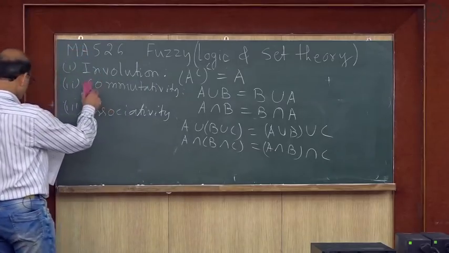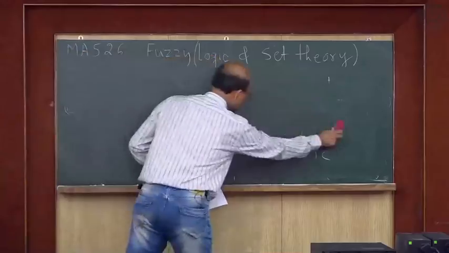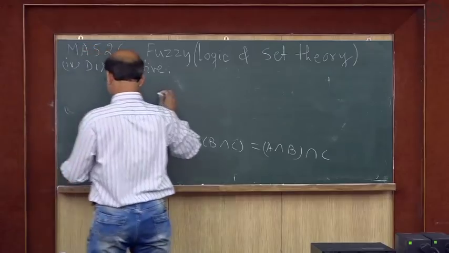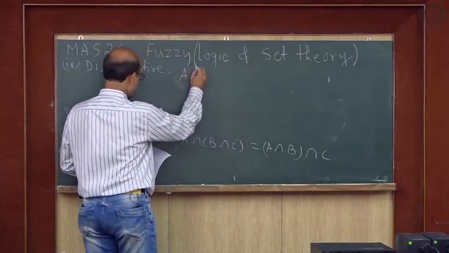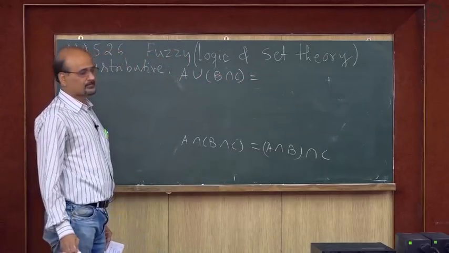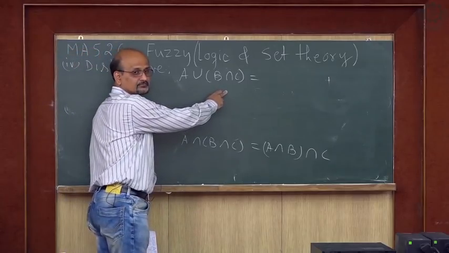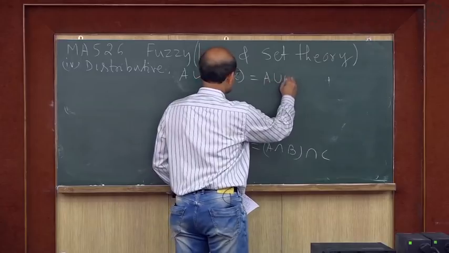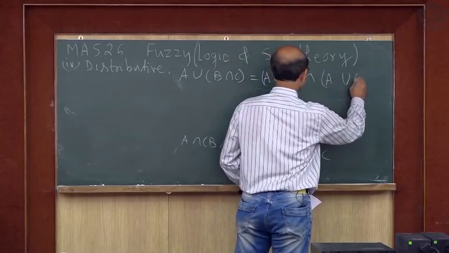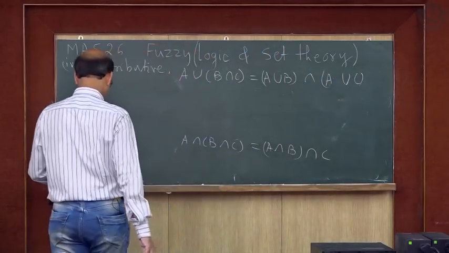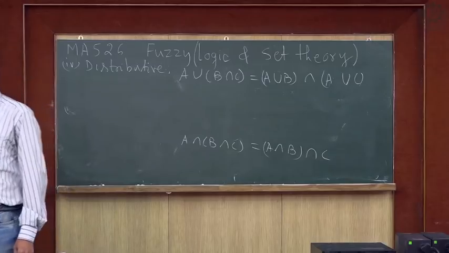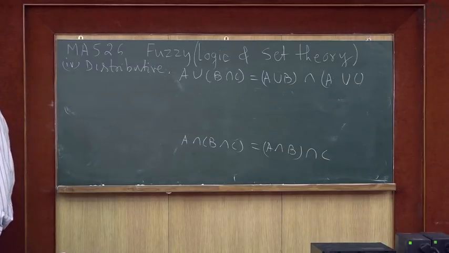Then comes distributive. This is for union: A union B intersection C is A union B, then intersection A union C. That is your distributive, as you do A into B plus C equals AB plus AC.